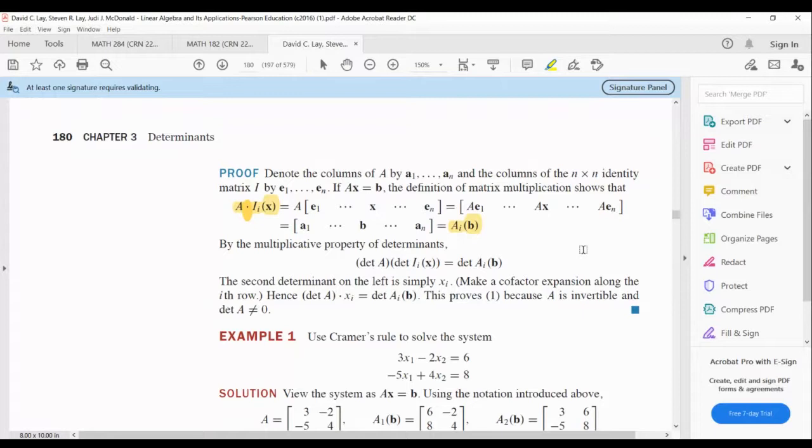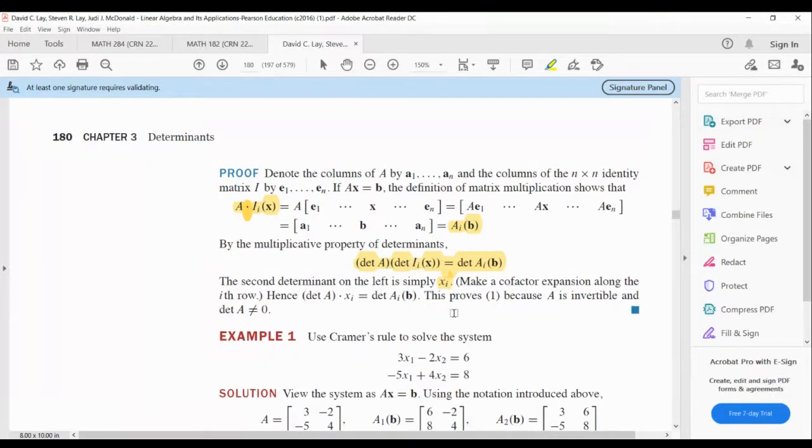So now we have this equation, but it's a scalar equation now, right? The determinant of A times the determinant of I_i(x) equals the determinant of A_i(b). But the determinant of I_i(x) equals x_i. Because basically what is I_i(x)? It's a matrix where along the diagonal you have ones, that's the identity matrix, except in the ith spot you have an x_i.